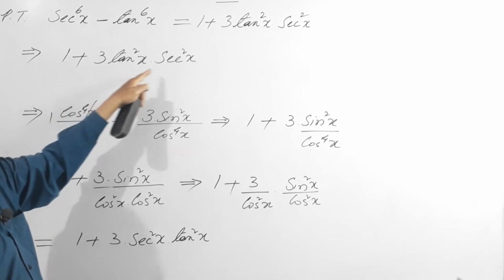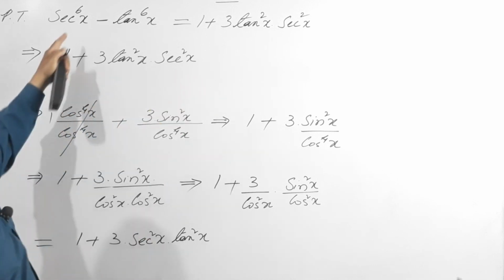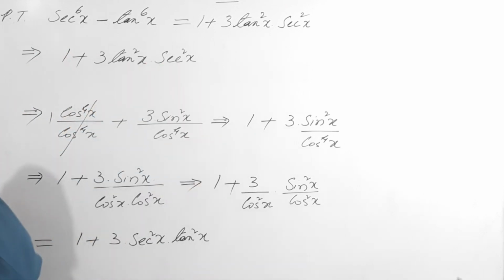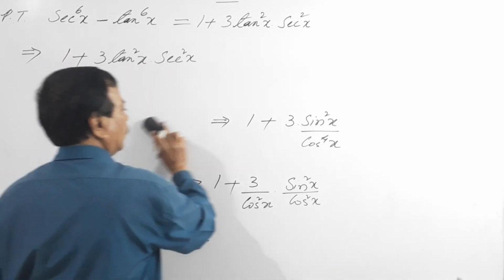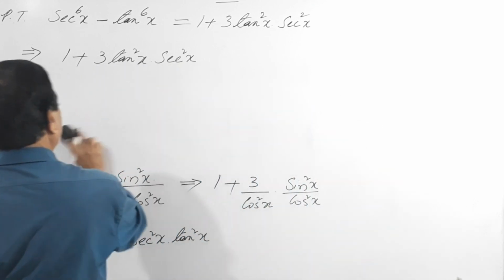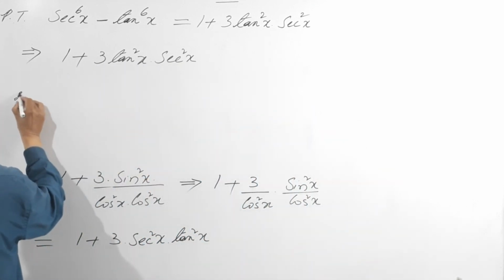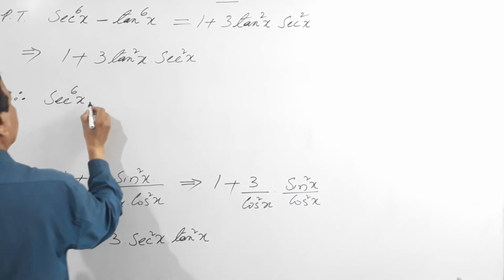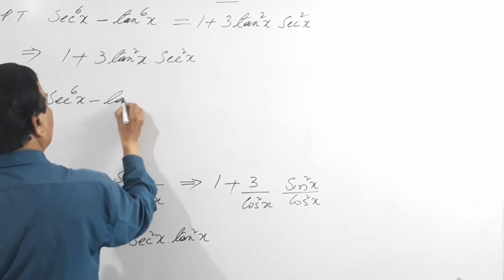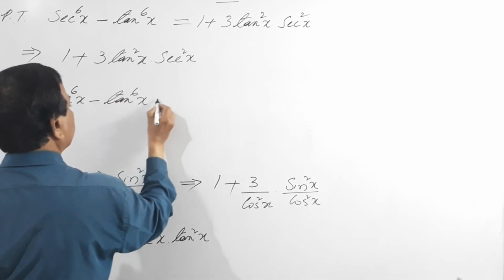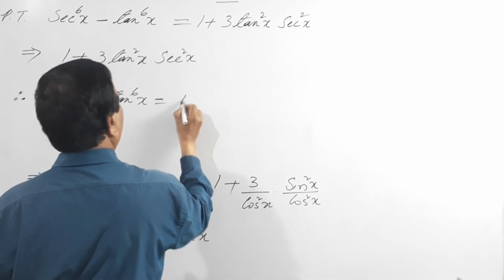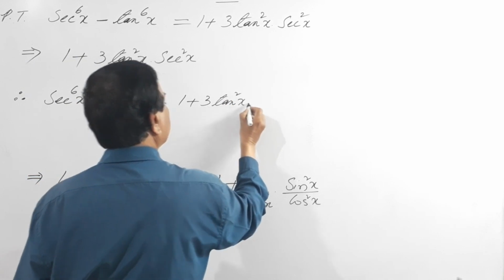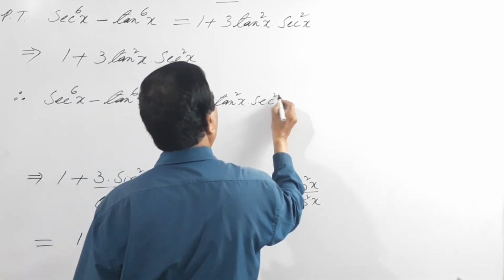So therefore we have proved left hand side equals to right hand side. So therefore I rub this. Therefore, what is on the left hand side? Secant to the power of 6x minus tan to the power of 6x equals to what? 1 plus 3 tan square x into secant square x.